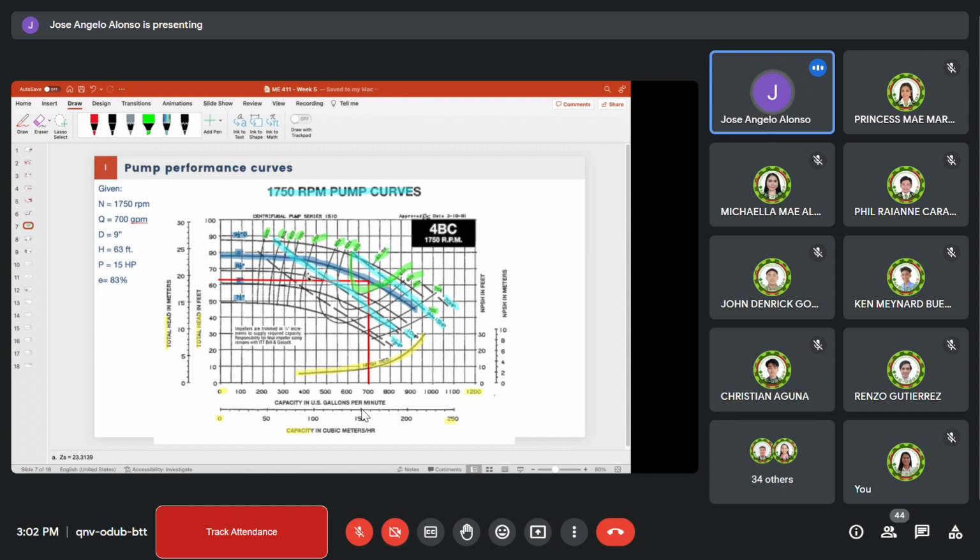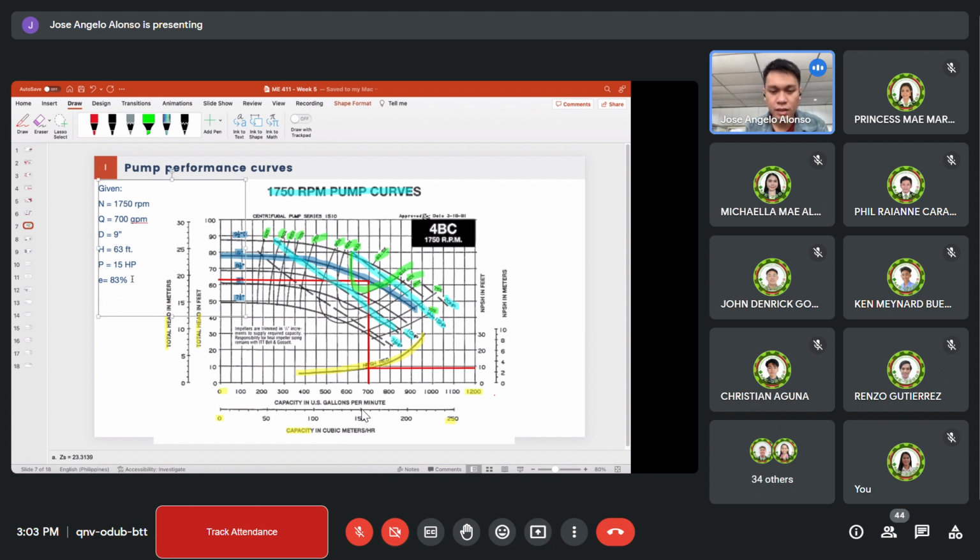Actually, hindi pa tayo tapos class. We can still determine the net positive suction head required based from the graph. So kung saan nag-intersect yung capacity against the net positive suction head required na curve, madidetermine natin ang required net positive suction head.